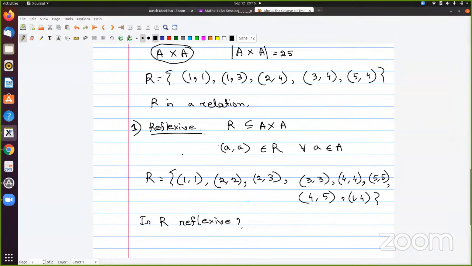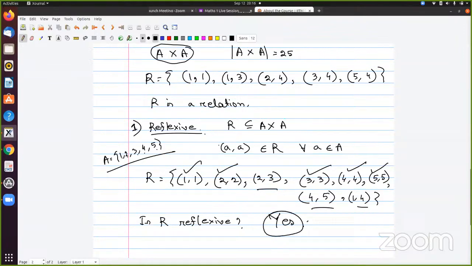It can have some other pairs, but every element is mapped to itself. There are 5 elements inside A, so (1,1), (2,2), (3,3), (4,4), (5,5) should be there. There can be other elements also; that does not matter. This is a reflexive relation. Is it clear?